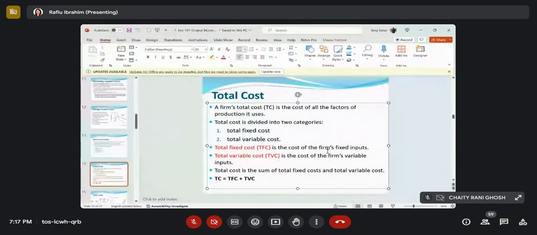Say for example, if you think of Bragg University, right? When we were earlier at the Mohakhali campus, no matter how many students were enrolled, how many faculties were paid, there was one single thing that remained fixed for Bragg University, the rent of the buildings. You must have seen this. In some classes there are 20 students, and in some other classes there are 40 students.